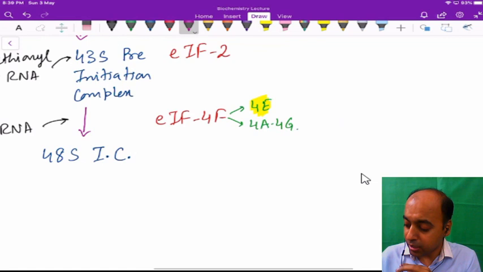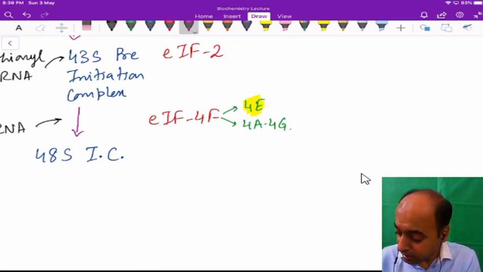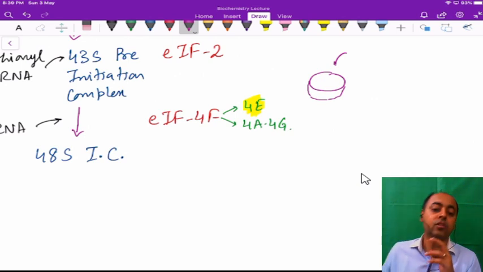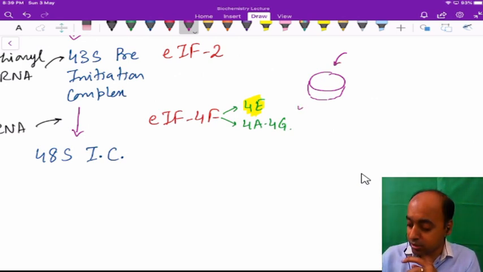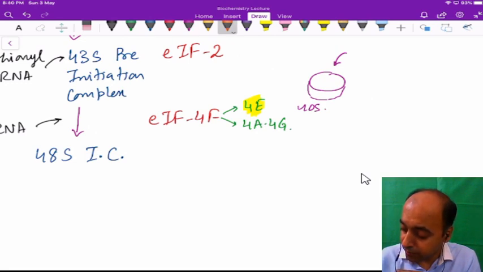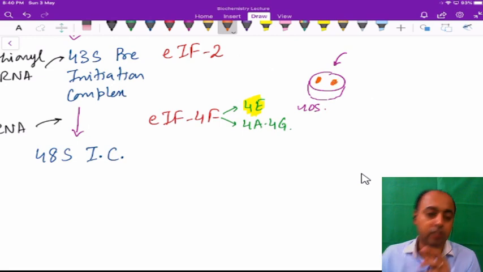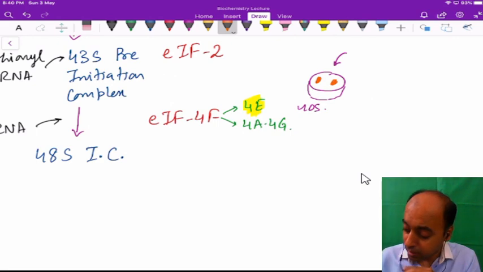So what has happened here? Everything is accumulating on the surface of the 40S subunit. See, this is the 40S subunit. Initially, the two proteins are there, initiation factor 1A and 3. Then we bring in the methionine tRNA.